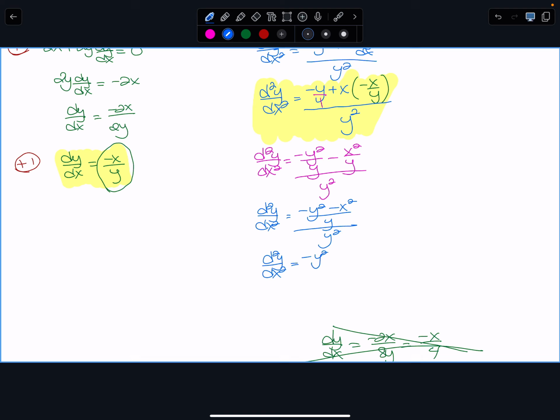And then I'm going to invert and multiply my denominator. So I have a negative y squared minus x squared over y cubed. I have a common negative that I can factor out in the top.